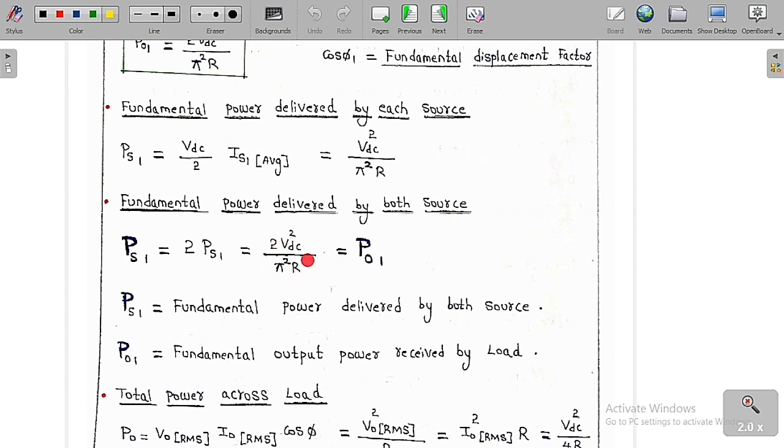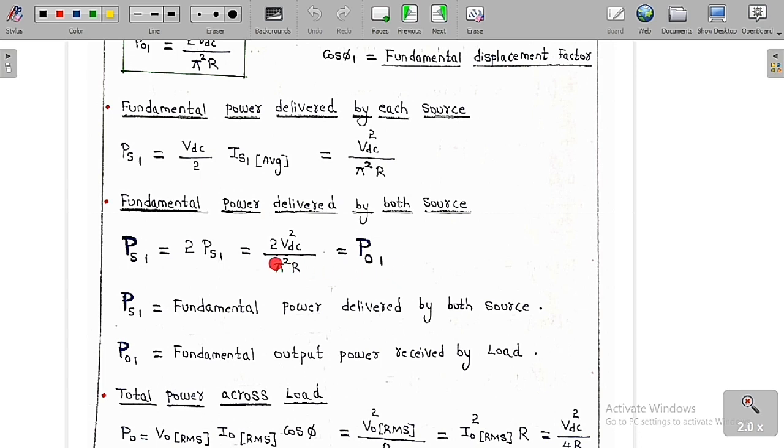So therefore we can say whatever the total fundamental power delivered by both the sources is equal to the total fundamental power which is absorbed by the load. So simply listen carefully.